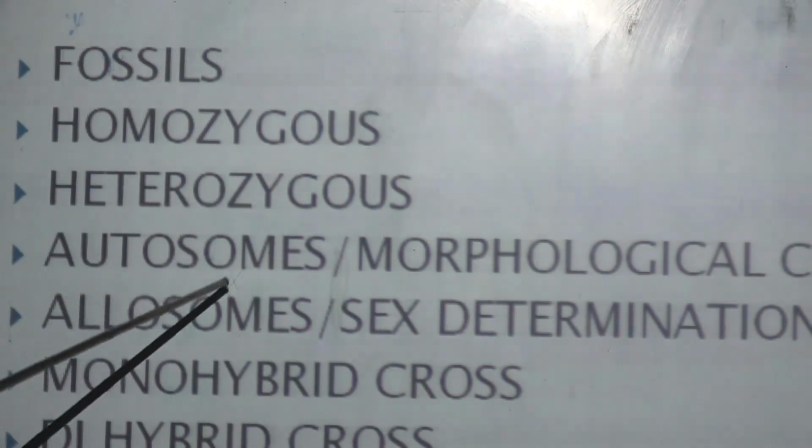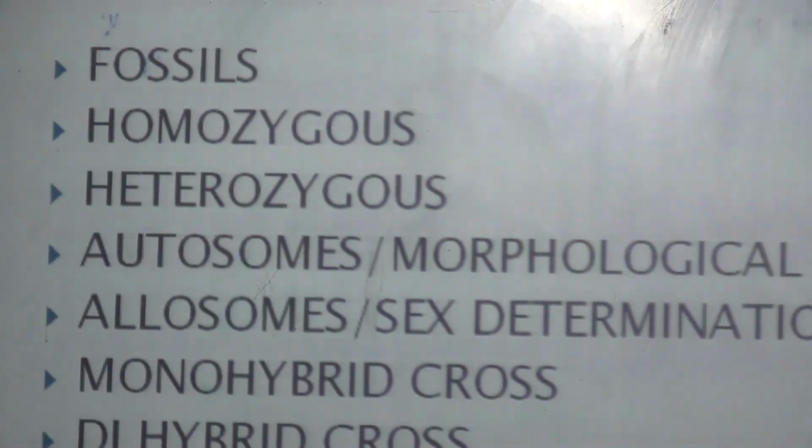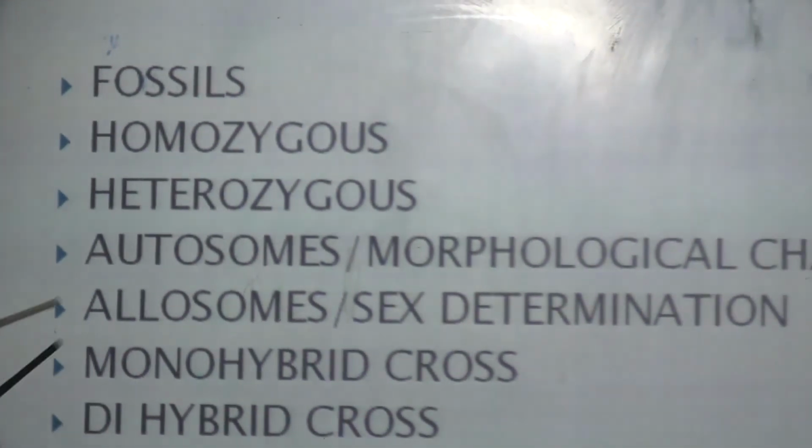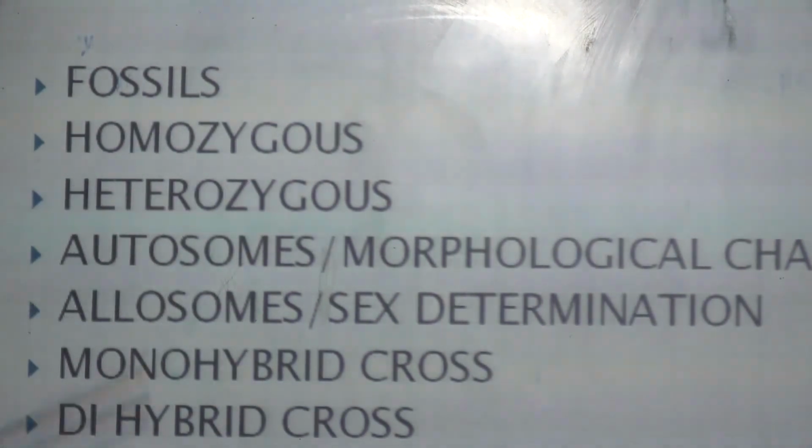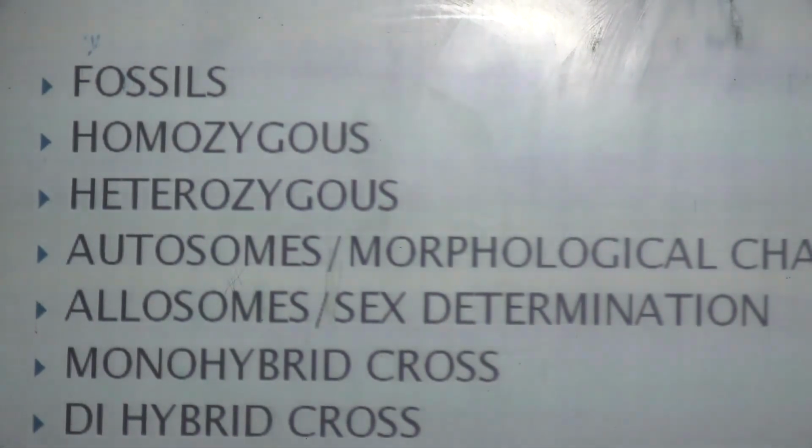Then what are autosomes, what are morphological characters, what are allosomes, and what is sex determination? All these 4 are very important for 1 mark questions.